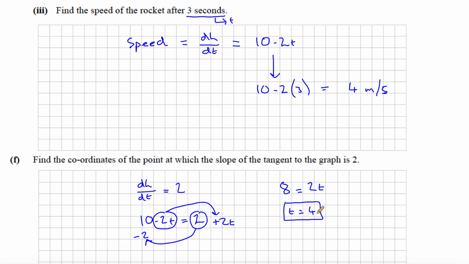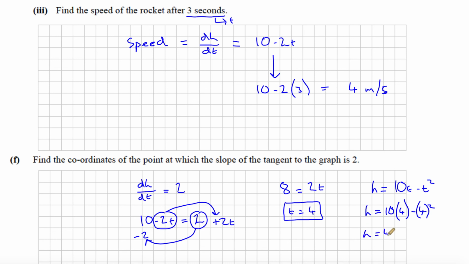So for the coordinates of the point, I know t is 4. So to find the h coordinate, I'm going to sub that into the original function. If you remember, the original function h was 10t minus t squared. So that's going to become h is equal to 10 by 4 minus 4 squared.